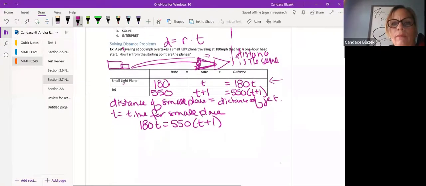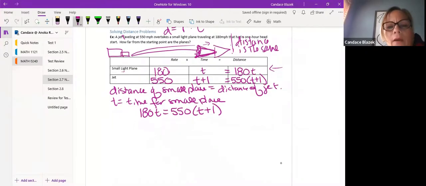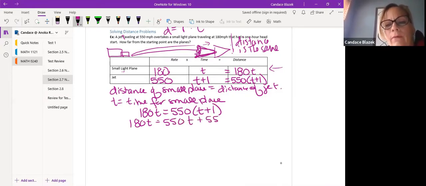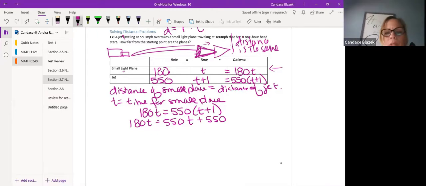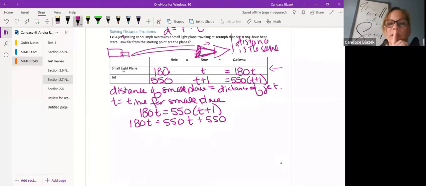Let's move this up a little. All right, so first thing, I'm going to distribute the 550 to clear parentheses. I'm going to, let's see, how do I want to do this? I'm thinking here.